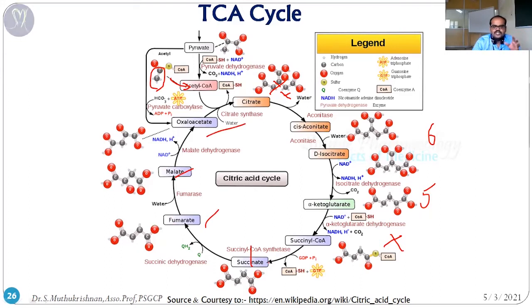During that process, more energy is produced. You simply memorize that the 6-carbon molecule is converted into 4 carbon. The 4-carbon molecule goes through various steps, producing more energy, and oxidation happens.